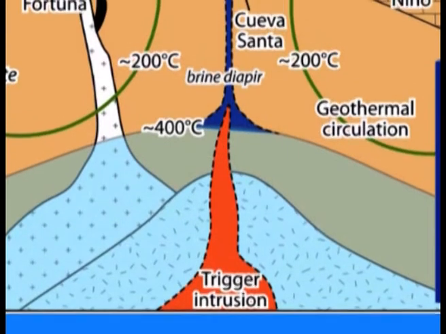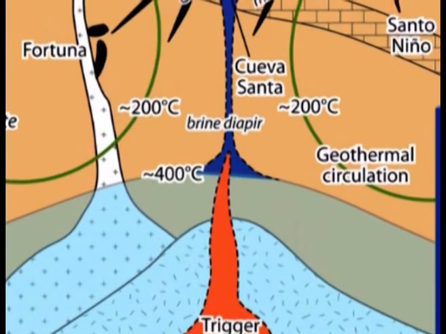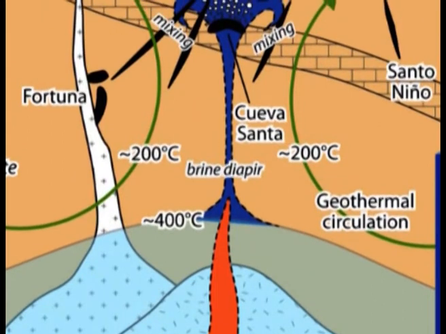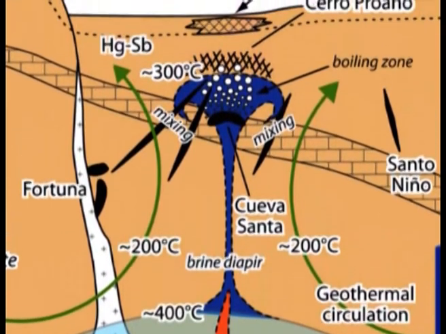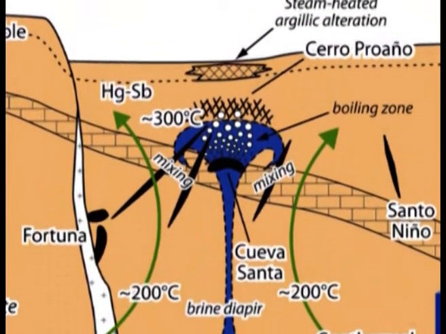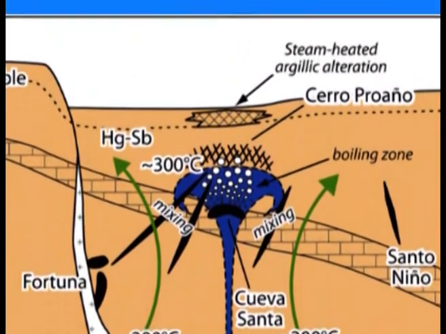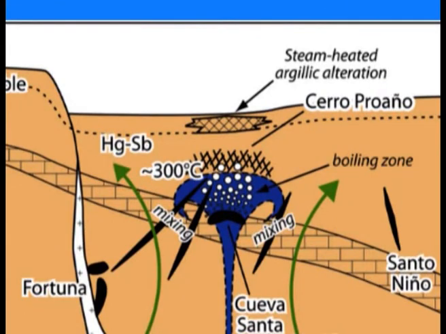Magma supplies heat, energy, ore elements and even water, though water and ore elements could have other sources too. A large number of ore deposits owe their origin to these three somewhat related processes.